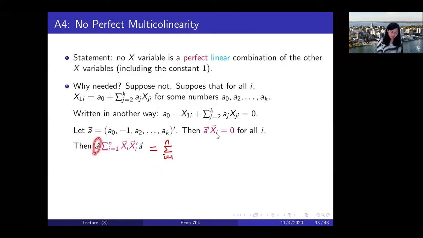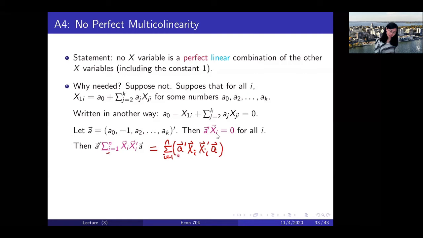This A vector can be moved inside the summation, since it is a constant relative to i. So that's the sum of A prime xi xi prime A.